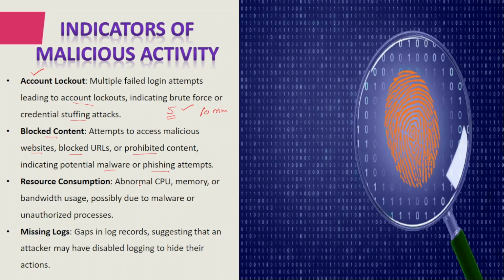Resource consumption: abnormal CPU, memory, or bandwidth usage, possibly due to malware or an unauthorized process. If there is a huge spike in resource consumption that is abnormal, this means that something fishy is going on.